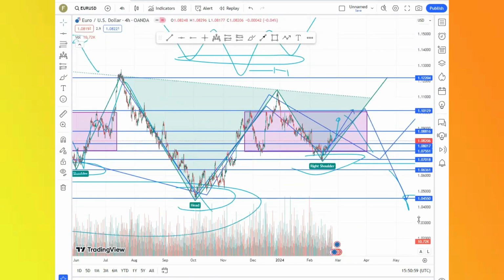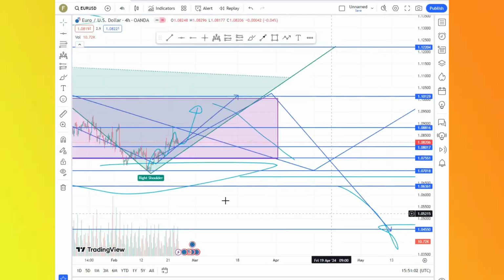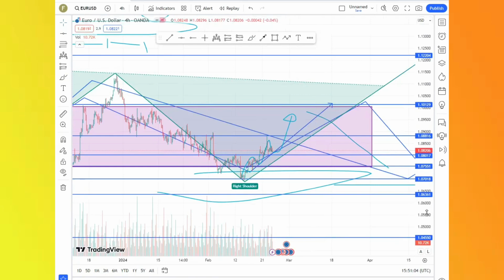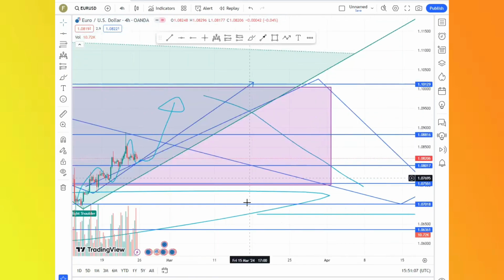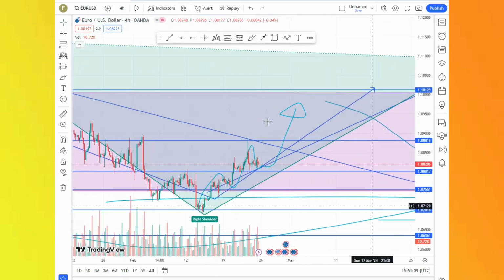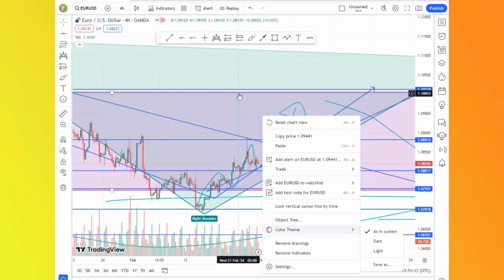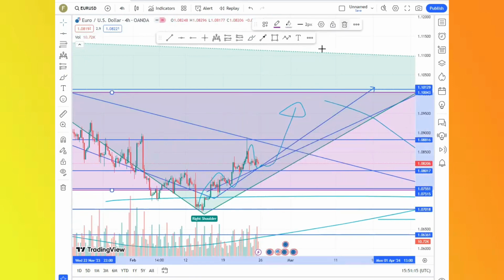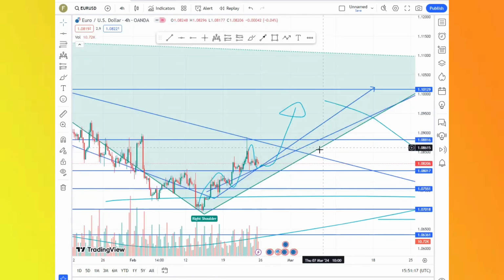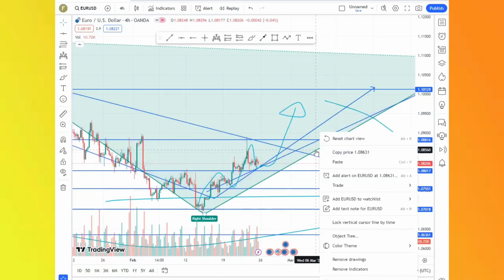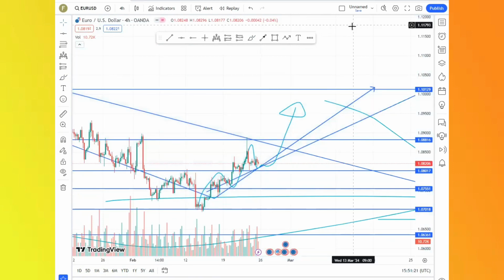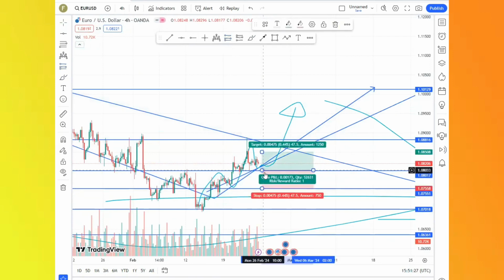Okay, so seeing that this is what we're looking at, we can freely say that we are expected to take our trade from here.